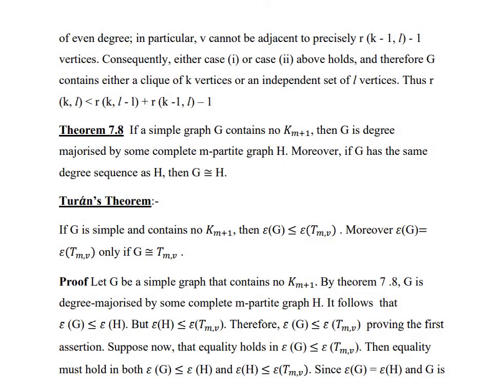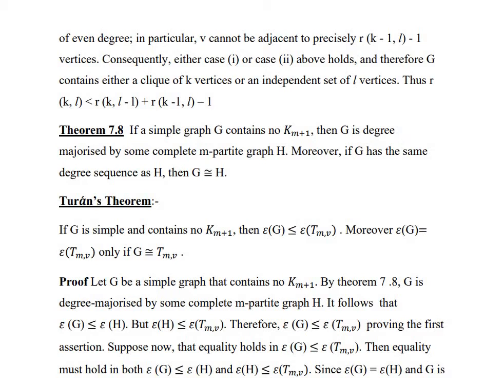In particular, V cannot be adjacent to precisely R(k-1,l) minus 1 vertices. Consequently, either case 1 or case 2 above holds, and therefore G contains either a clique of k vertices or an independent set of l vertices. Thus, R(k,l) is less than R(k,l-1) plus R(k-1,l).